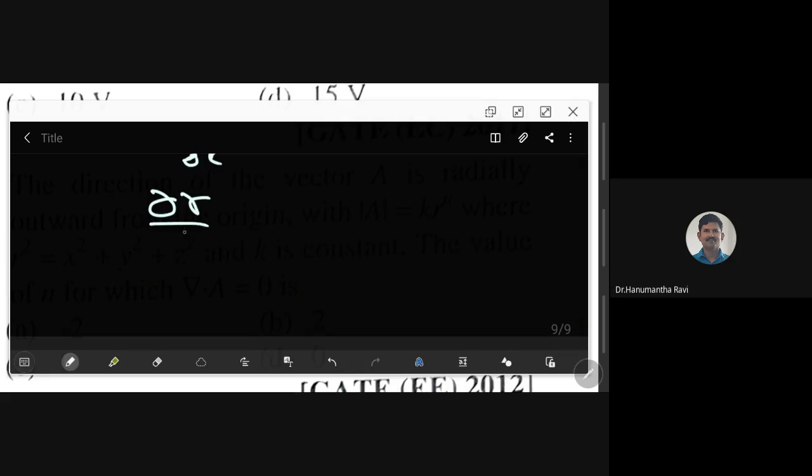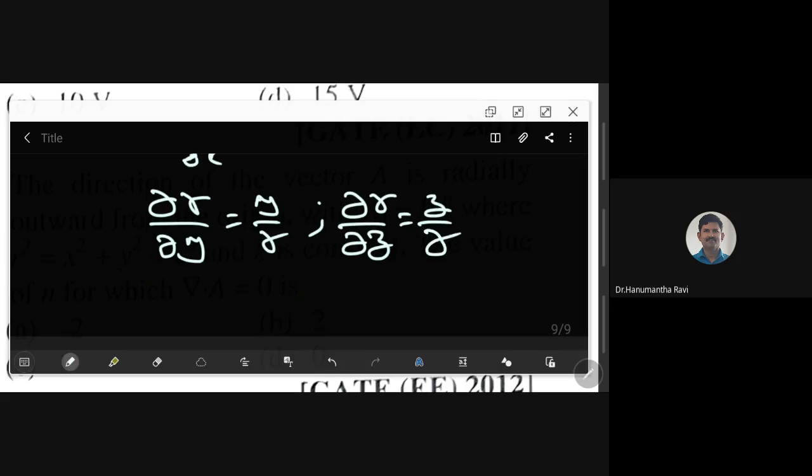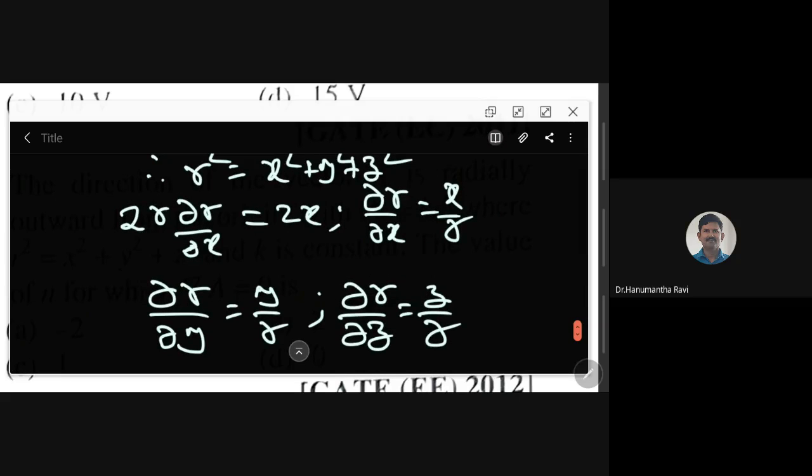Similarly, one can easily see that dou r by dou y is y by r, dou r by dou z is z by r. So x by r, y by r, z by r, they are dou r by dou x, dou r by dou y, dou r by dou z.